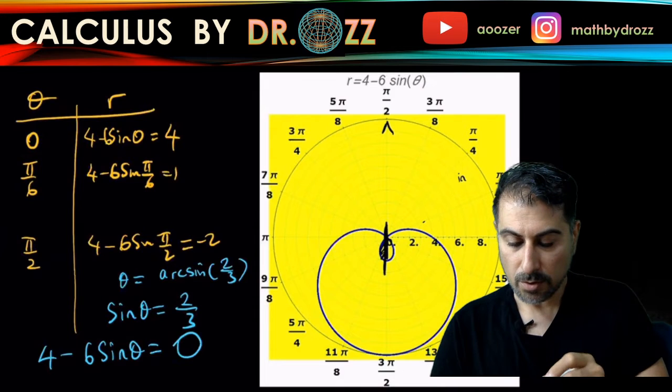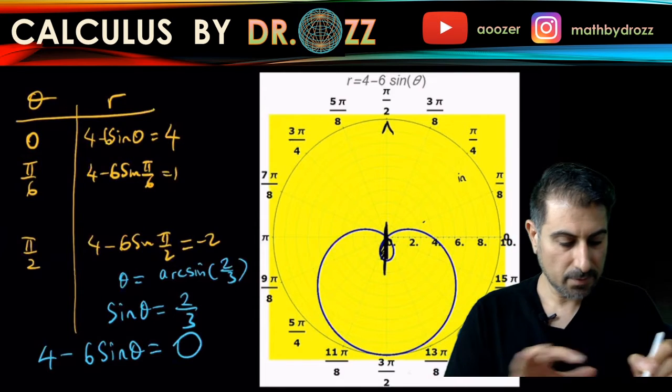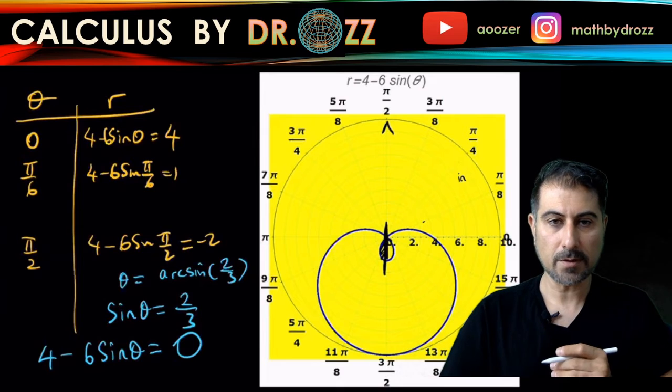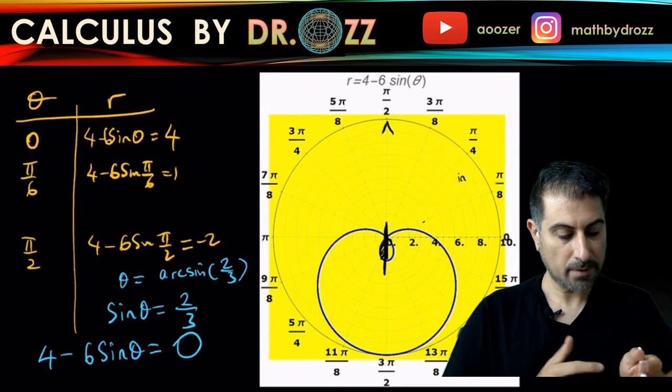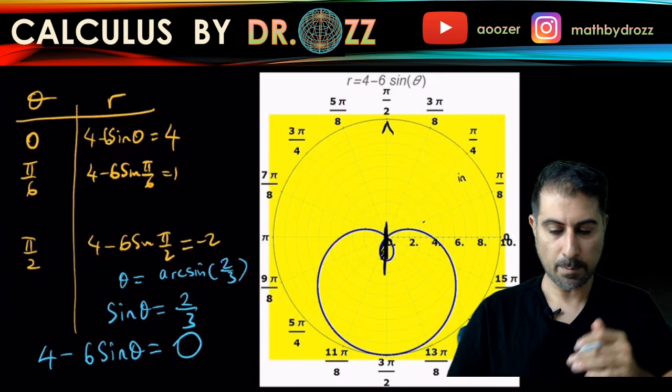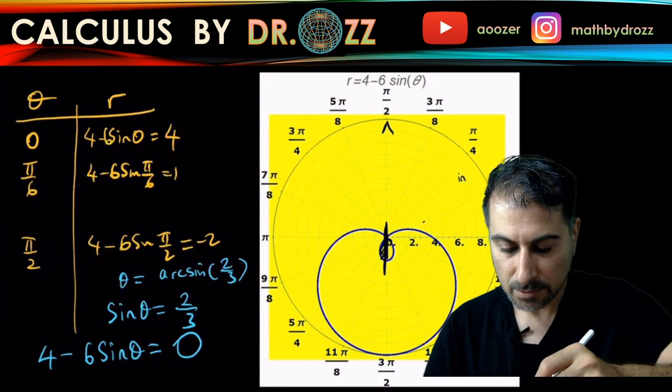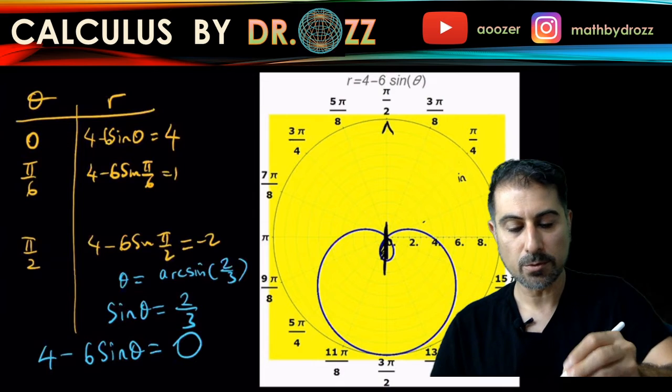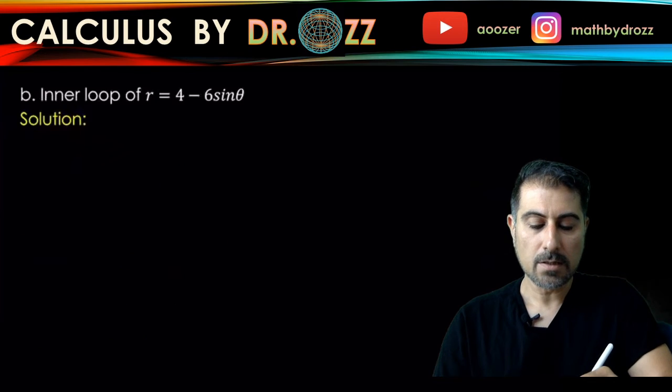I'm sorry that this is hard to show to you, and I try my best to show the graph as much as I can, but going back to the area formulation here. So area is 1/2.